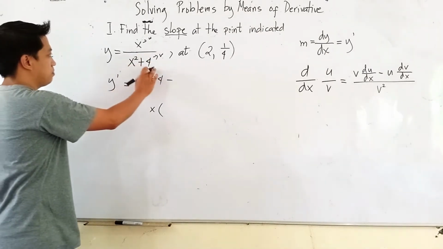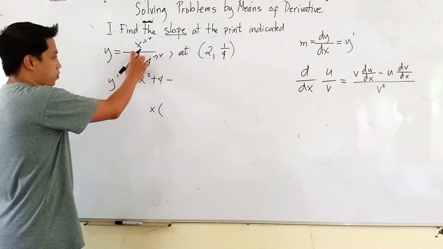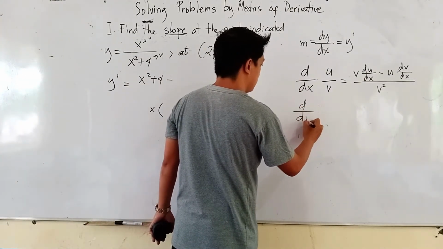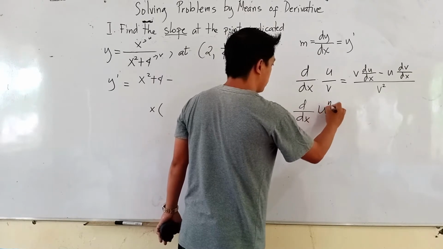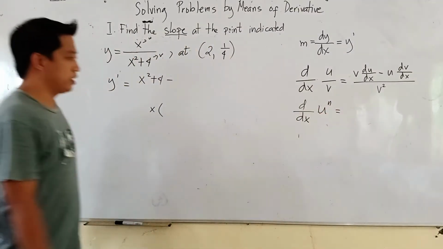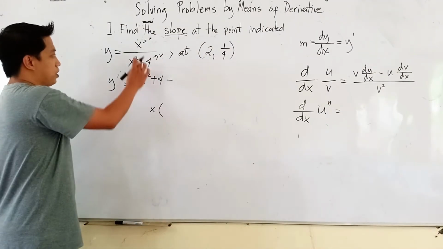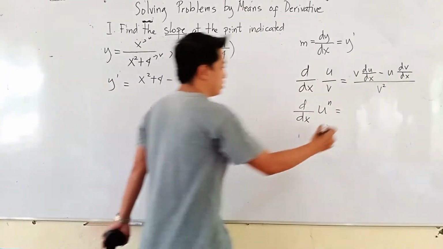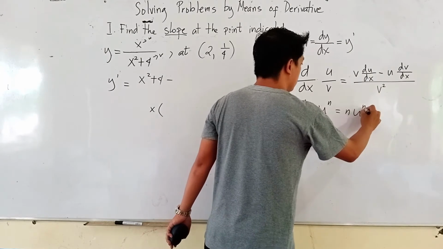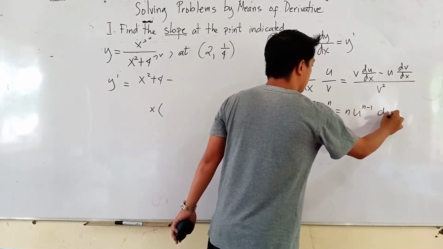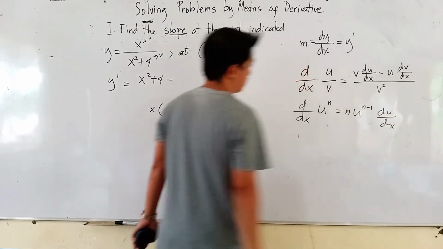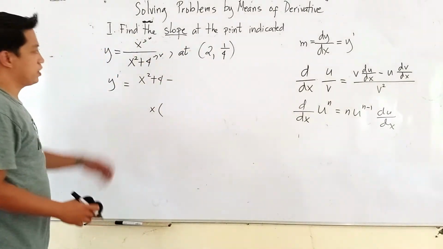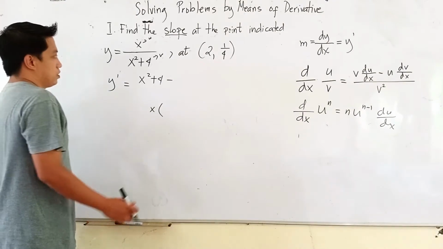So, may dalawa tayong term, iisa-isahin natin. Una yung x squared. So gagamit tayo ng formula na derivative of u raised to n. Bakit u raised to n? Because x squared is in the form u raised to n. So this is equal to n u raised to n minus 1 du dx. Itong formula na ito, gagamitin natin sa pag-differentiate ng x squared.